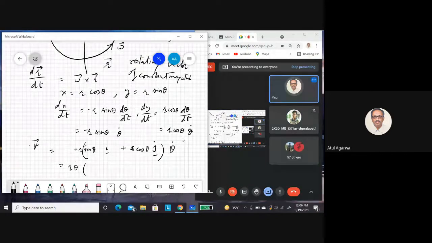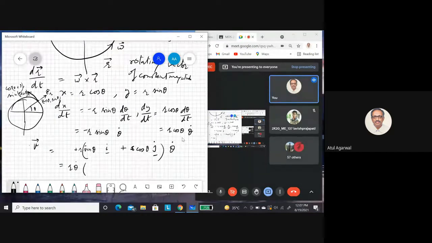What is this direction? My particle was at this position theta. What is this radial direction? Cos theta, sin theta. What is this tangential direction? Cos of 90 plus theta, sin of 90 plus theta. So this is my e r direction.